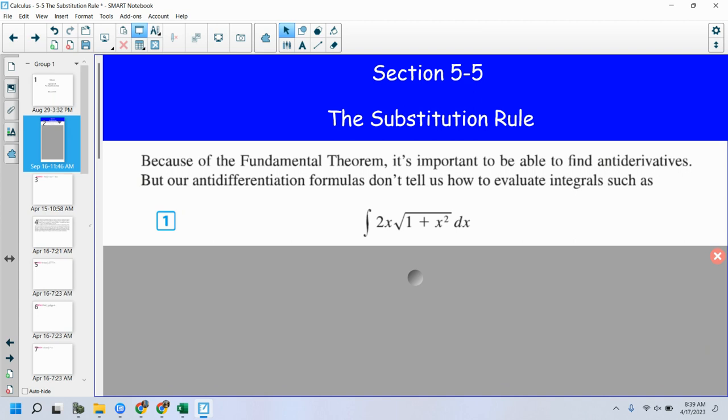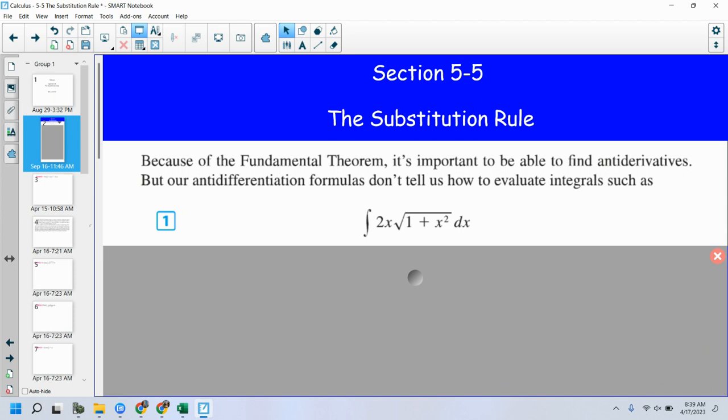But how do you find the antiderivative of something like this? Because there's a product and something inside a square root, it has a composition look to it, something inside something else with something else happening around it, and we don't know how to deal with that right now. I could not have put this on your past tests because we don't know how to find the antiderivative of that thing.